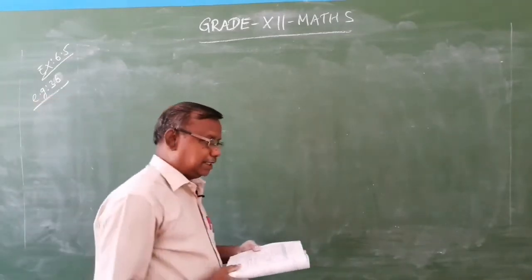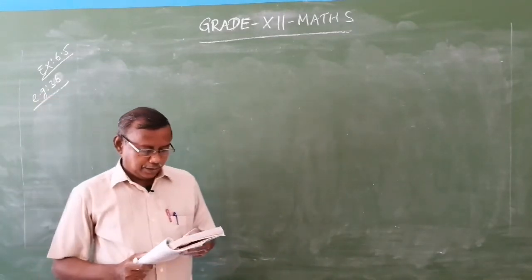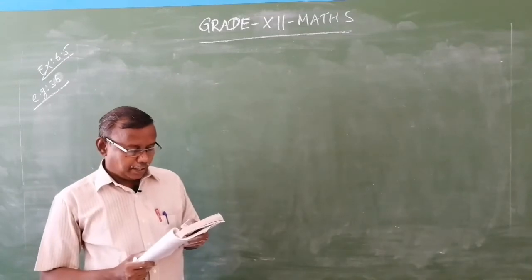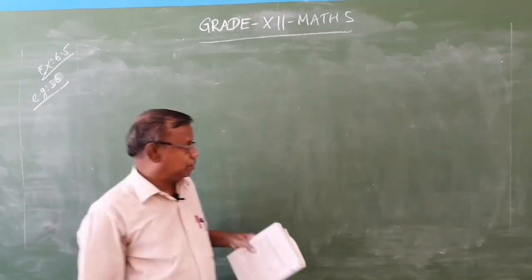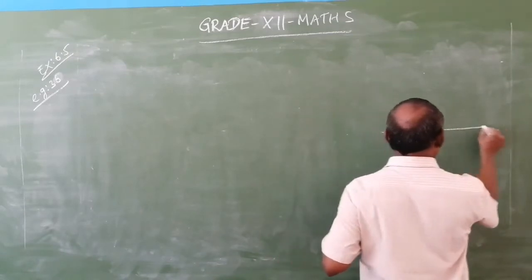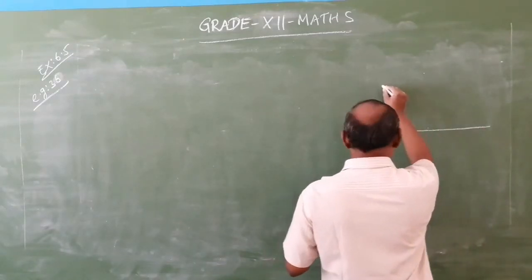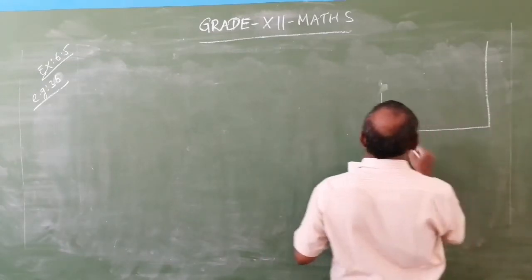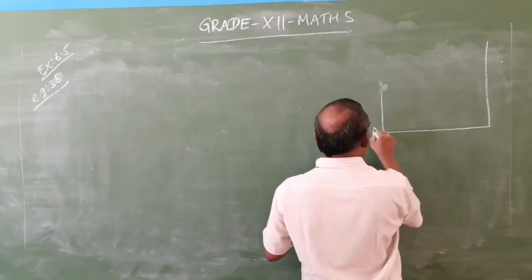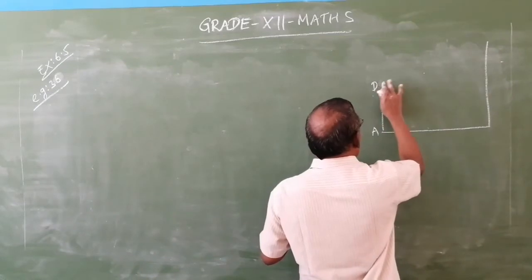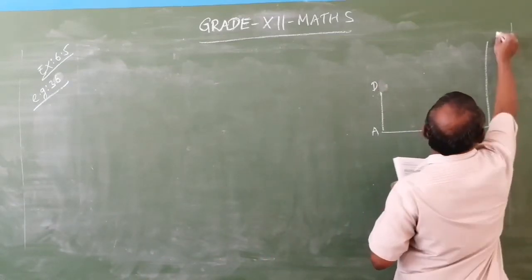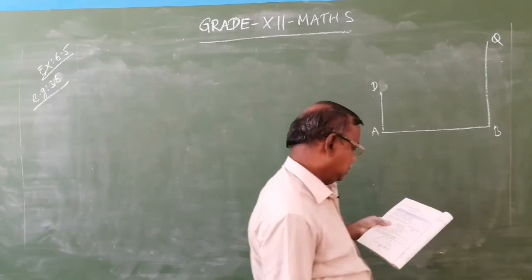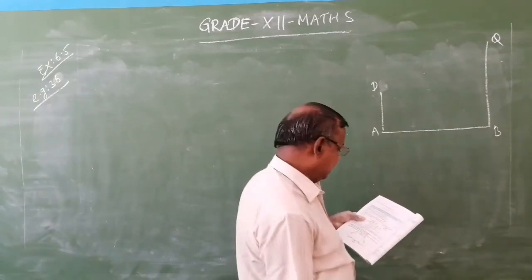Now example 36. Let AP and BQ be two vertical poles at points A and B respectively.